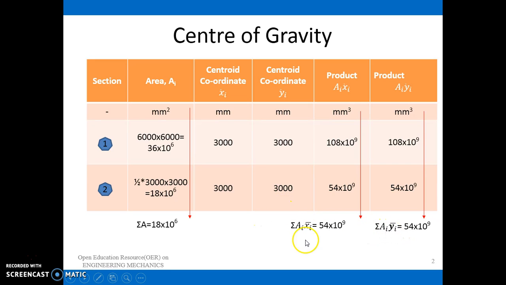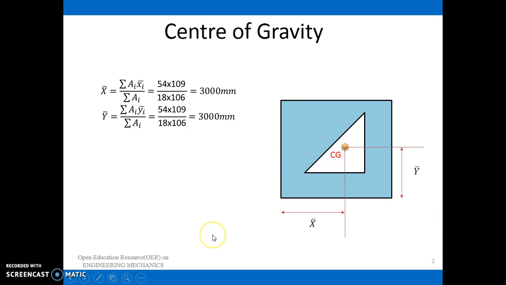Once you have sigma Ai xi, sigma Ai yi, and sigma A, you can simply finish off the problem using these formulas. That is x bar is equal to sigma Ai xi by sigma Ai. You get around 3000 mm, and y bar is also 3000 mm.